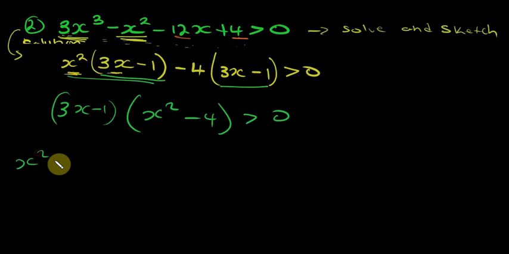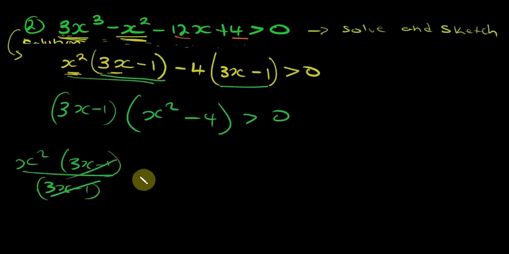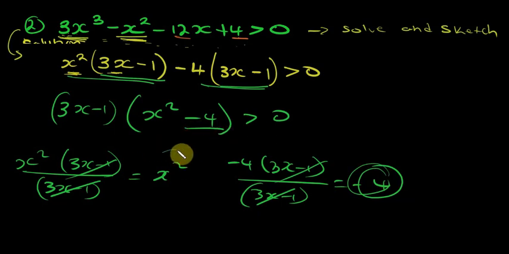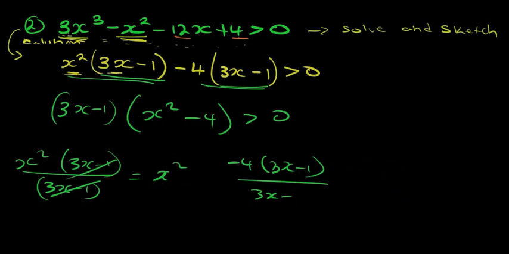Okay, let me show you. x squared times 3x minus 1 divided by 3x minus 1: this and this cancel out, I get x squared. I do the same for the second one. Minus 4 times 3x minus 1 divided by 3x minus 1: this and that one cancel out, then you get minus 4. There's minus 4, there's x squared. That's how I got that. Okay, cool. So let's continue.